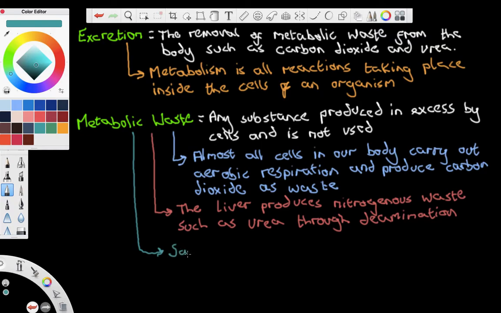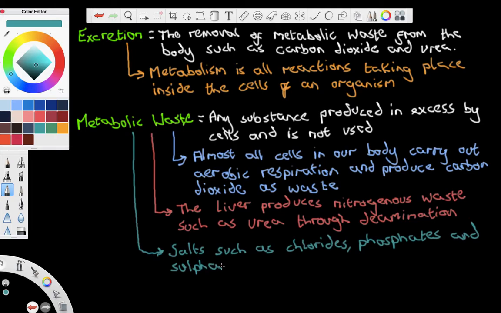So salts such as chlorides, phosphates and sulfates are all metabolic waste.